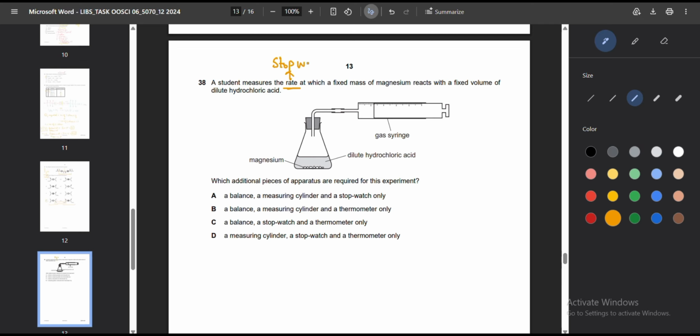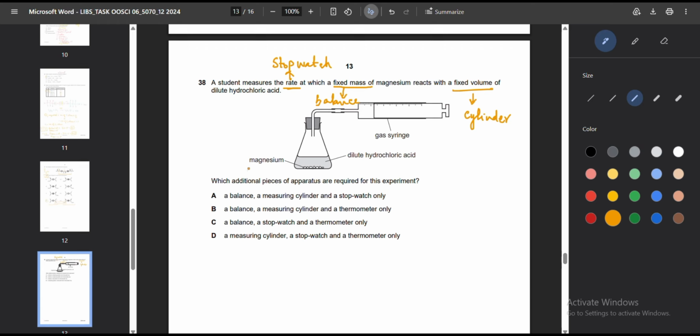to measure the rate, measure time, and then you have to find out the fixed mass of magnesium. For finding mass, what do we need? We need a balance to measure the mass, and to find out the fixed volume, for finding volume, we need apparatus like a cylinder or anything with the help of which we can measure the volume.